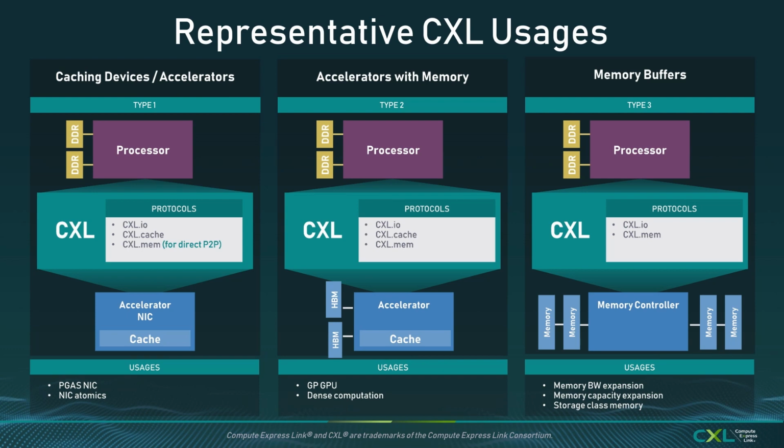And on top of CXL Type 3, you can then start to make use of some of the extensions that I talked about that support the use cases for memory pooling or memory sharing. So as you get more advanced, then you can extend those capabilities to support those use cases.